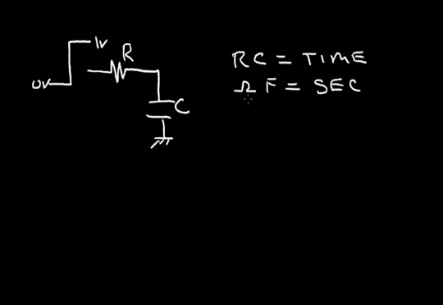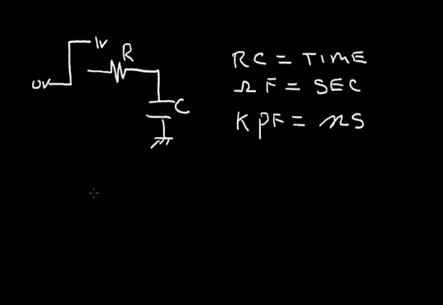If we change the units, instead of ohms we use k ohms, and instead of farads we use picofarads, we get a different unit of time. We get nanoseconds. And a nanosecond is a very small unit of time. It's 10 to the minus 9 power seconds. Light travels approximately a foot in a nanosecond, and light travels very, very fast.